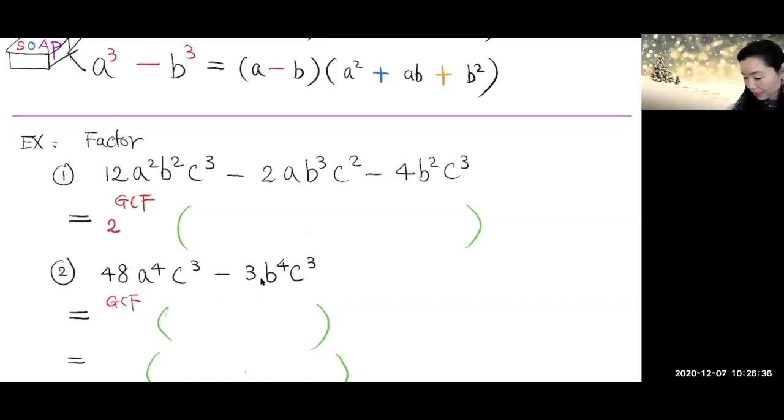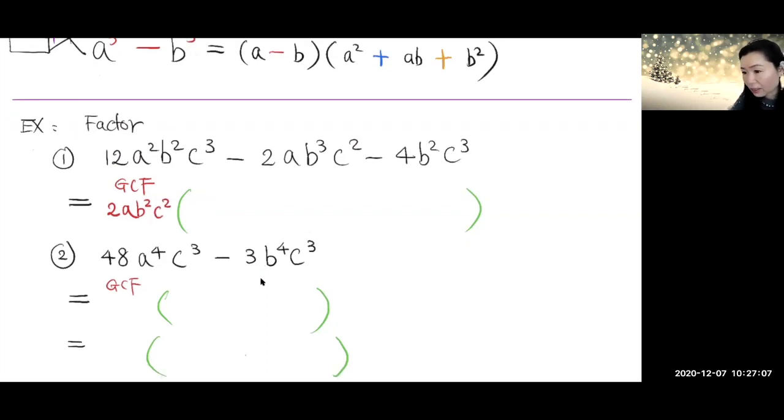For a squared, a, and no a, so we just have a here. And then b squared, b cubed, and b squared, so we have b squared. It will be the variable to the lowest exponent that appears on that variable. So c cubed, c squared, c cubed, the lowest exponent on c is 2, so we have c squared over here.